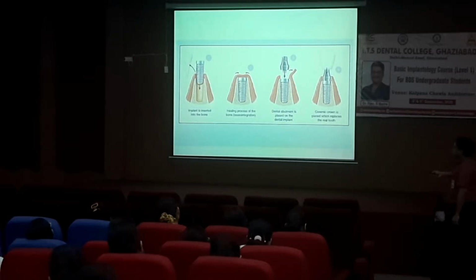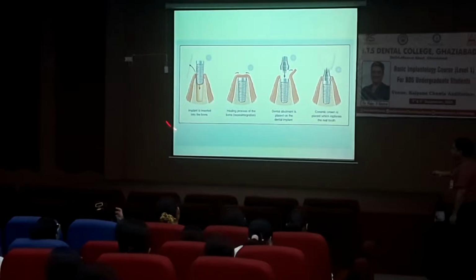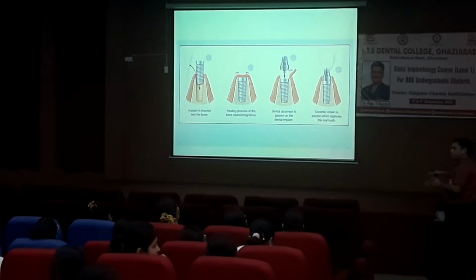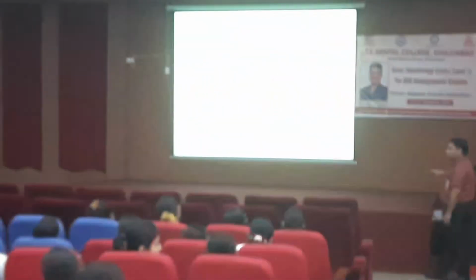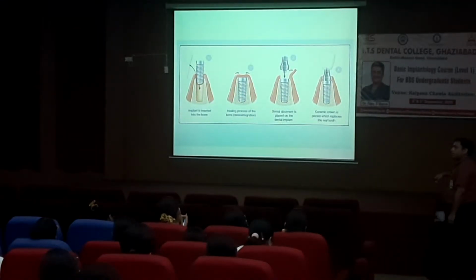The process of implant, we are going for the demonstration. First the implant is inserted into the bone. Tomorrow we are discussing the drilling protocol, how we drill, what is pilot drill, what is the sequential drilling system. According to that, we can make the osteotomy first, and then we place the implant, suture it back, and then the healing process of the bone, that is called osseointegration, for at least 3 months.